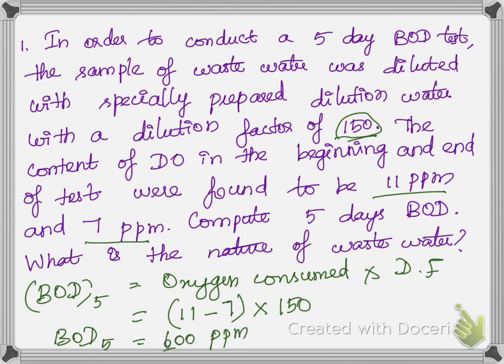One more question is also asked: what is the nature of wastewater? If you take drinking water, if it is pure and you want to drink that water, the BOD level should be 1 to 2 ppm.